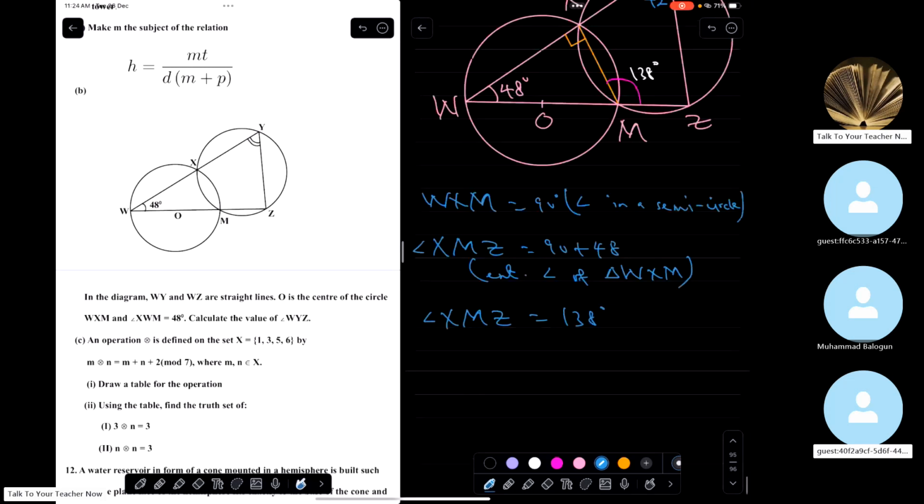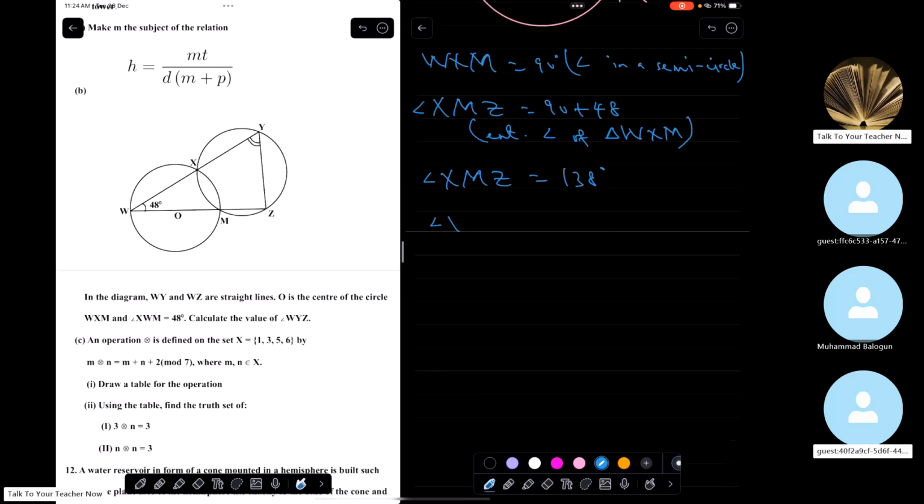So I can say angle WYZ plus 138 equals 180 degrees. Opposite angles of a cyclic quadrilateral are supplementary.